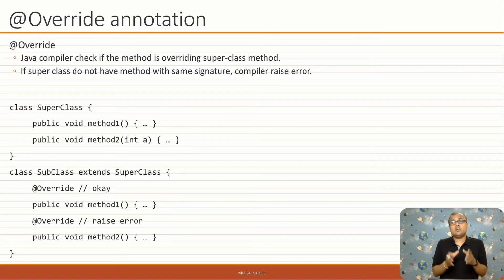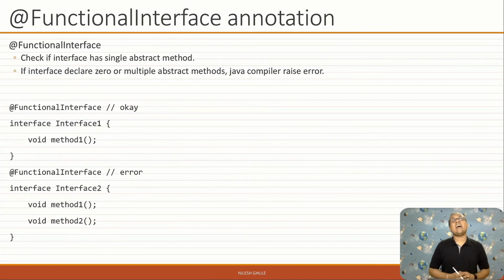Another popular annotation is @FunctionalInterface. This annotation was added in Java 8 to check whether an interface contains a single abstract method. If the interface contains zero abstract methods, or it contains multiple abstract methods, the compiler raises an error.